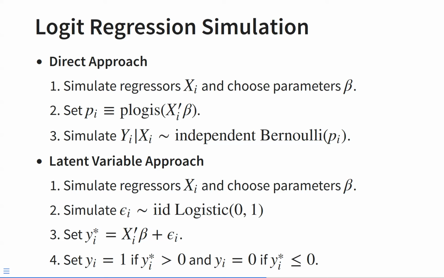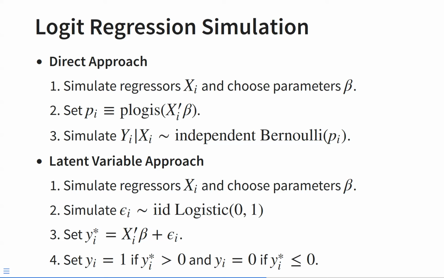So we set y equal to 1 if y star is positive, and we set it equal to 0 if y star is negative or 0. Of course, it's not important what we do when y star is exactly 0, because that has probability 0. That will literally not happen because the logistic distribution is continuous.